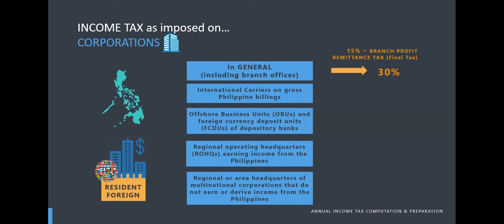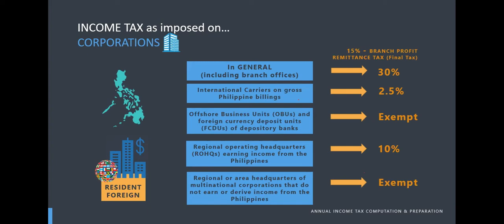International carriers on gross Philippine billings are taxed at 2.5%. Offshore business units and foreign currency deposit units of the depository banks are exempt from the imposition of tax. Regional operating headquarters are taxed at 10%, while those regional headquarters that do not earn or derive income from the Philippines are exempt from income tax.